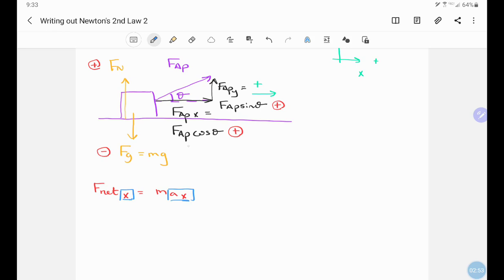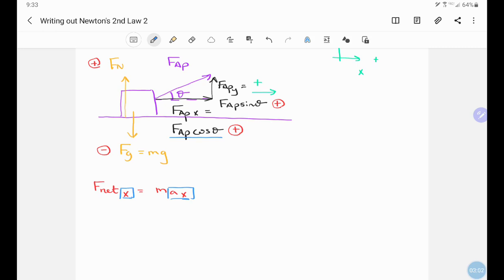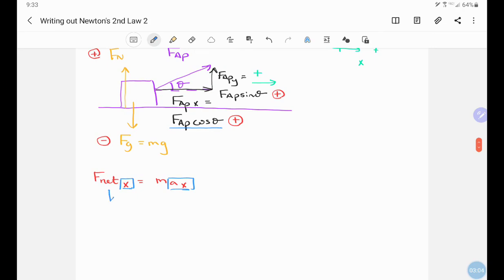The only force acting to move the object in the x direction is the horizontal component of the applied force, which is FAP cosine of theta. And so F net becomes FAP cosine of theta equals max divided by mass. Ax is FAP cosine theta over m.